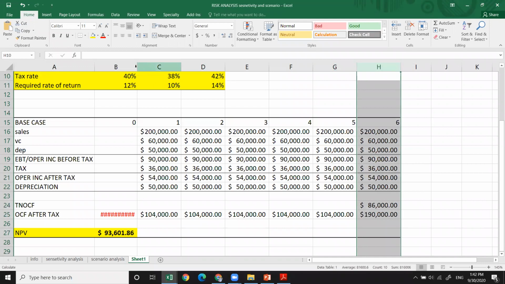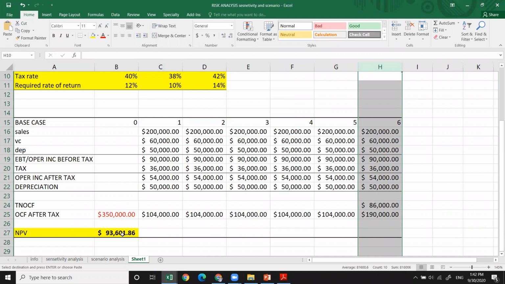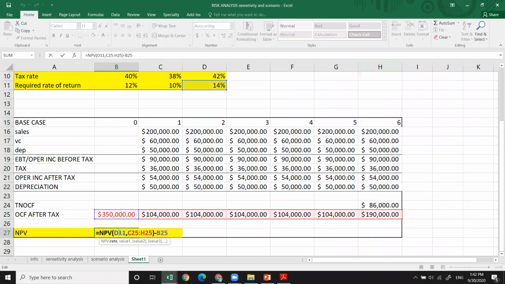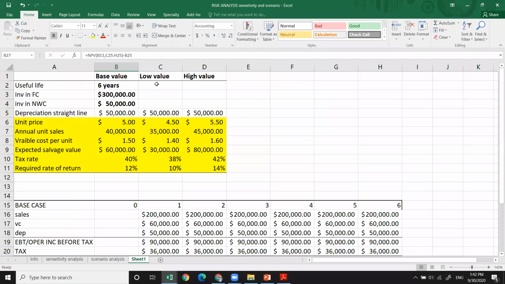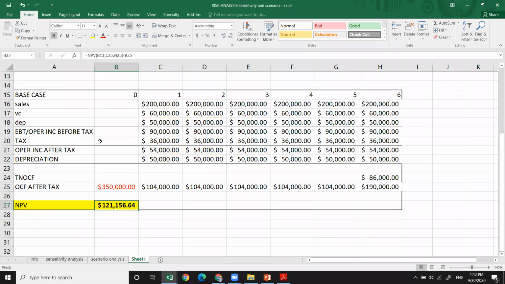And the rate is the same. The rate is not 14, sorry, it's 12%. So this is the base case where we have the NPV equal to this. So what if all variables change at one time? We change everything at one time.